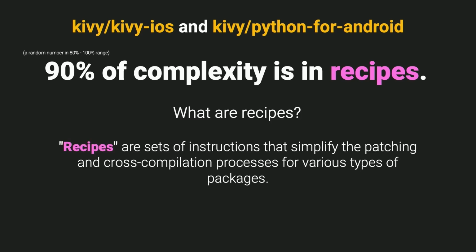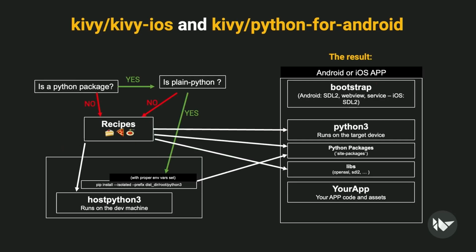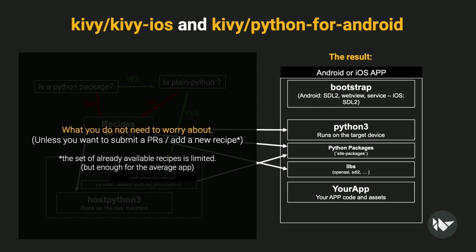So what are recipes? Recipes are a set of instructions to simplify the patching and cross-compilation processes for various types of packages. You don't need to worry about that, unless you want to create a new recipe and submit a PR, obviously, because the set of already available recipes is quite limited, but enough for the average app.